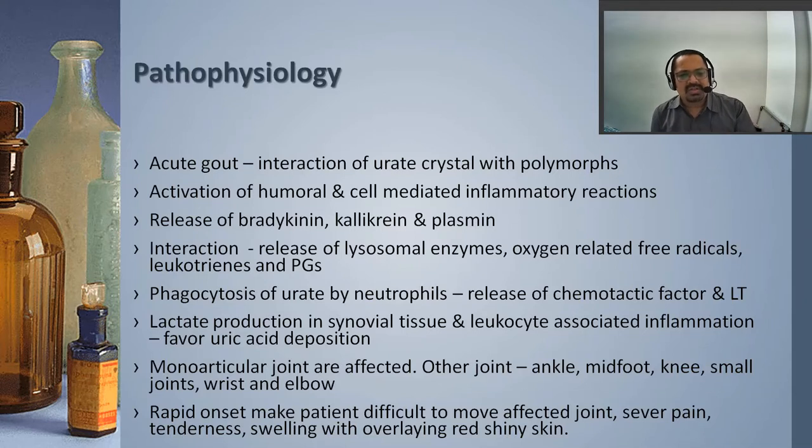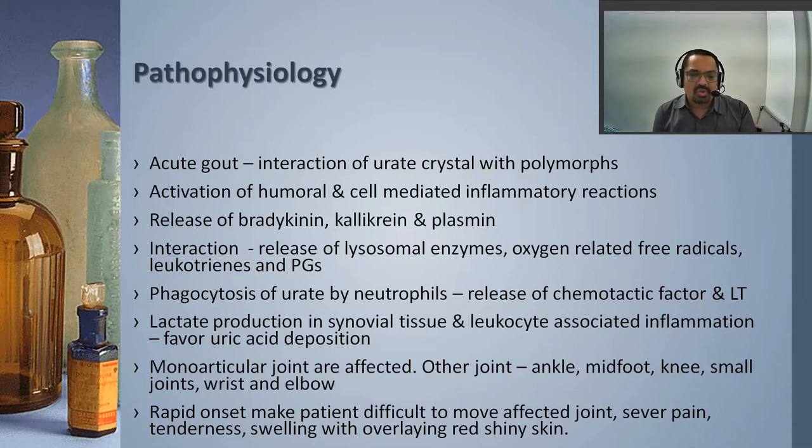Phagocytosis of urate by neutrophils leads to the release of chemotactic factors and leukotrienes. Lactate production in the synovial tissue and leukocyte associated inflammation favor uric acid deposition.